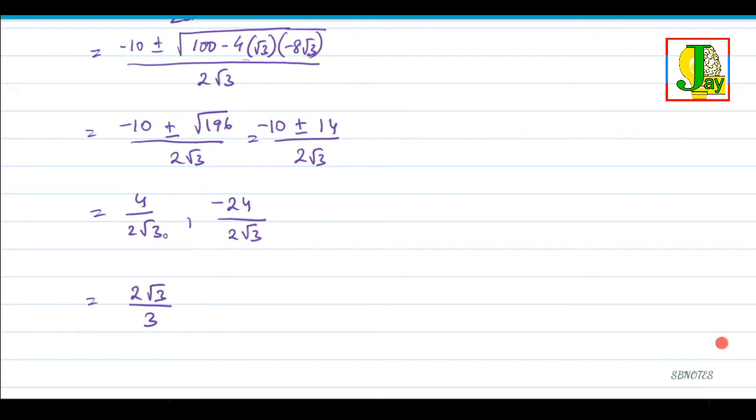Okay, root 3 into root 3 is 3, and in the numerator we have root 3 and 2 goes 2 times. The other number, again root 3 being multiplied, in the denominator we have 3, and in the numerator 2 goes 12 times, so minus 12, and we have root 3, so 3 goes again. This one you have 2 root 3 by 3, and the second one is minus 4 root 3.